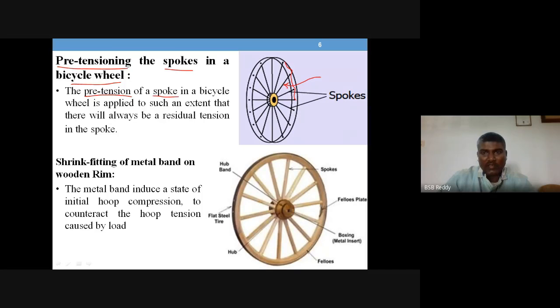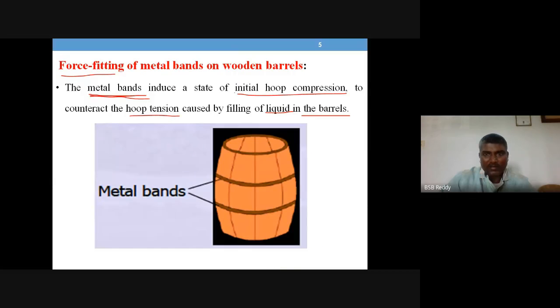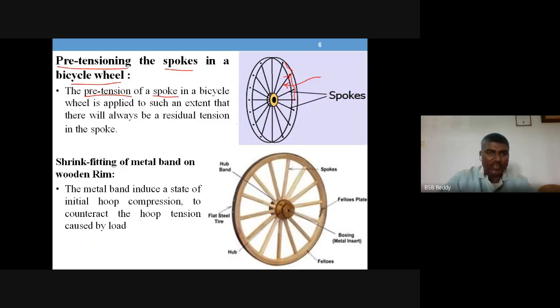Only when the spoke has tension, that prevents the rim from being damaged. And this is another good example of pre-tension. In the earlier example, you are inducing hoop compression, and in the second example, you are inducing pre-tension.